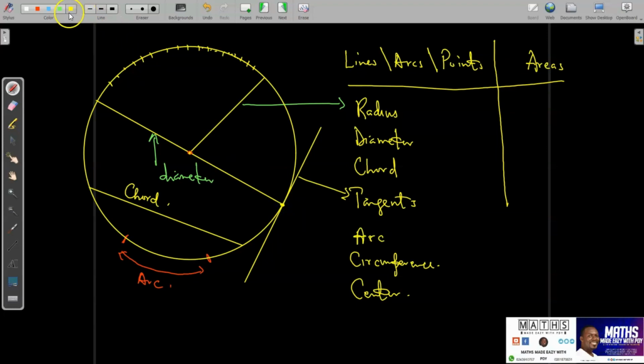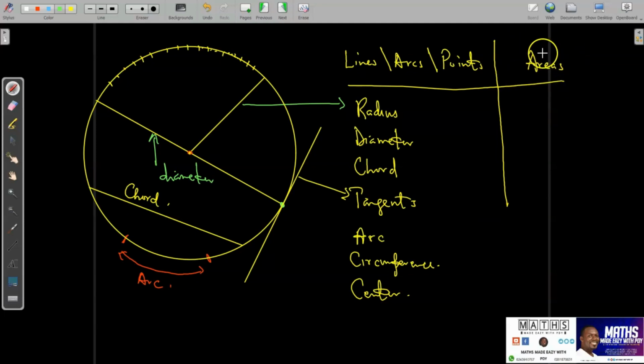It's only at one point. So that is what a tangent is. And the point whereby that line drawn in space touches the curve is known as the point of tangency.